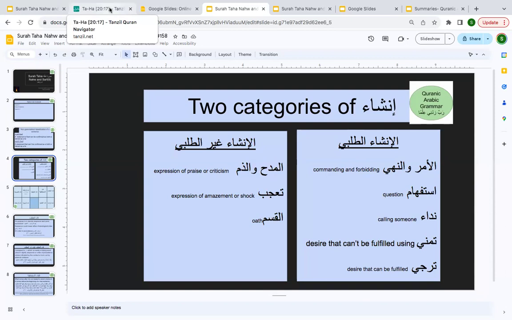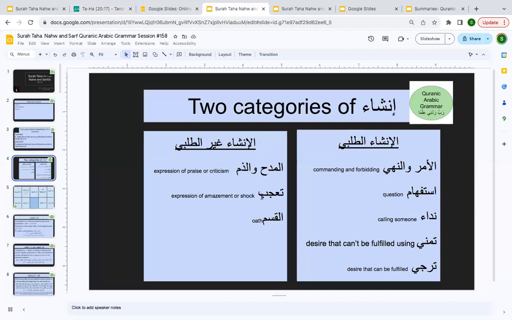You cannot say true or false, but are you demanding anything when you are saying bi'sal masir? Is Allah demanding? No. So it is going to be categorized as al insha ghair talbi.